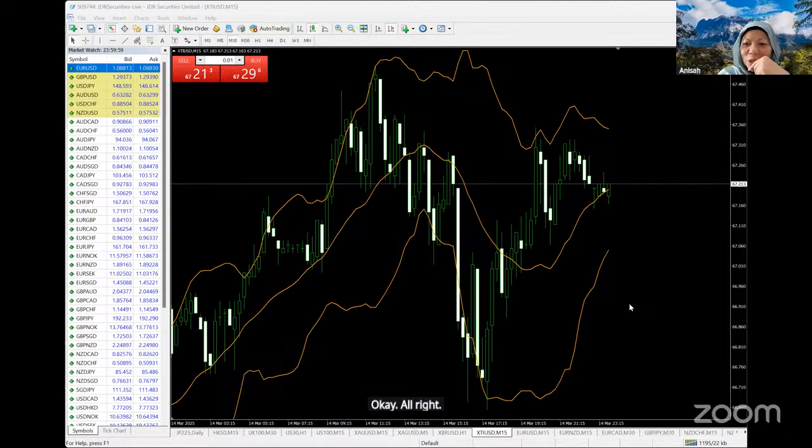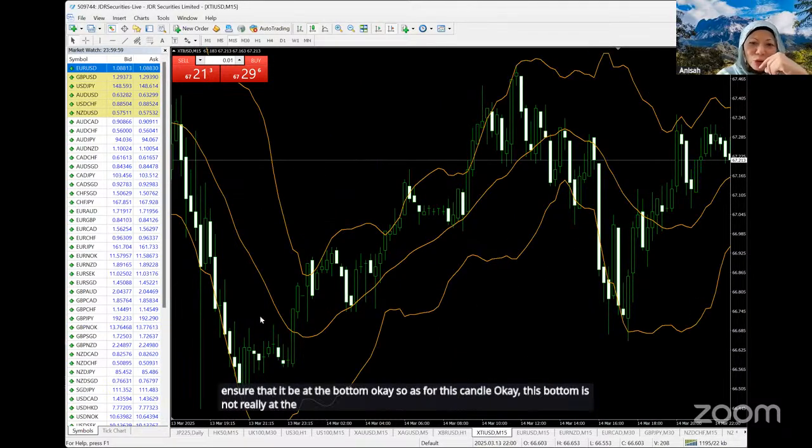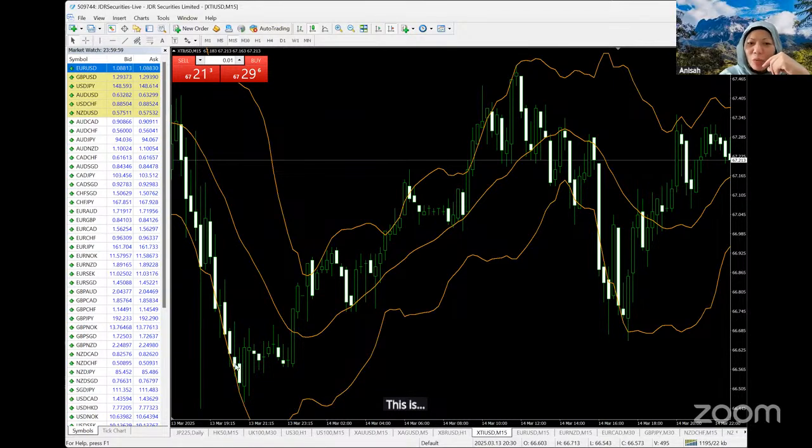Does the chart show an inverted head and shoulders? I won't say inverted head and shoulders, because if it were, it would be at the bottom. As for this candle, this bottom is not really at the bottom, because if you look to the left, this is another low, which is a lower low.